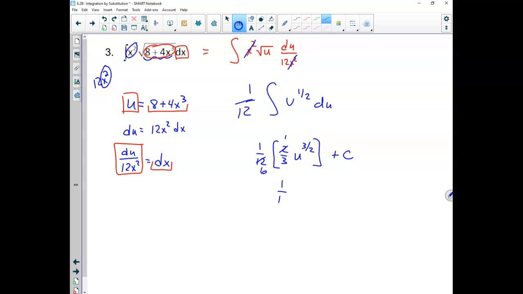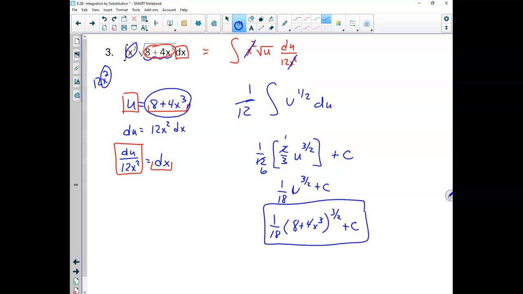That's going to be 1/18 u to the 3/2 plus c. And then I got to make sure I resubstitute this guy back in, and I get 1/18 times 8 plus 4x cubed to the 3/2 power plus c. There is my antiderivative. Okay?